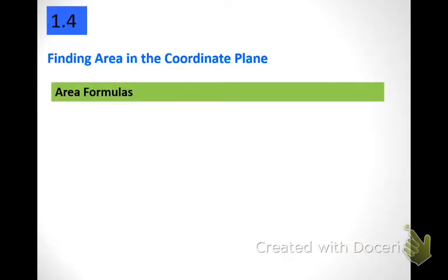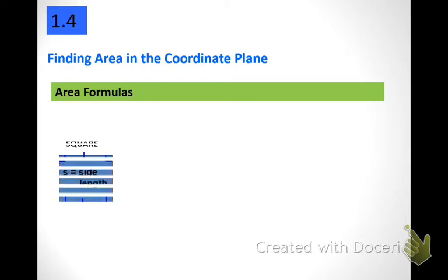When we talk about area, we're talking about what is inside of a figure. You've seen these formulas before, so we're going to talk about them. The first one is a square. What makes a square is the fact that all the sides are the same length.